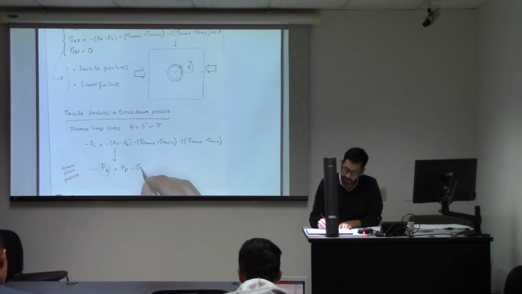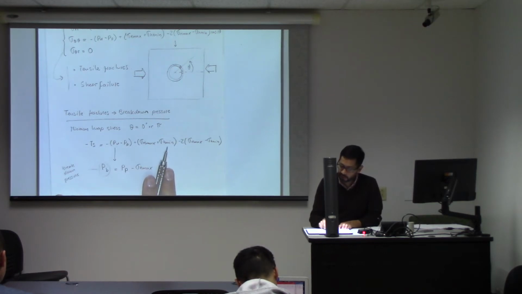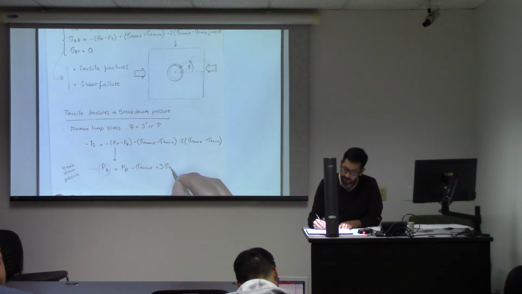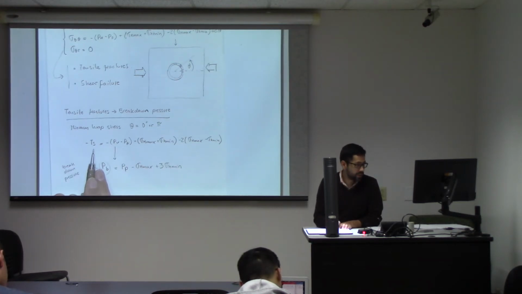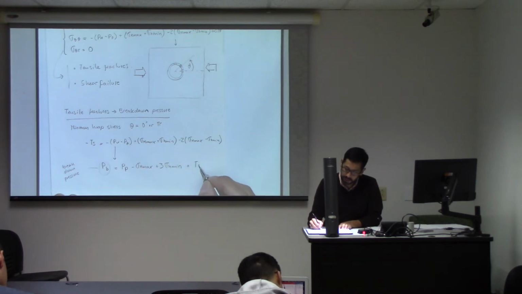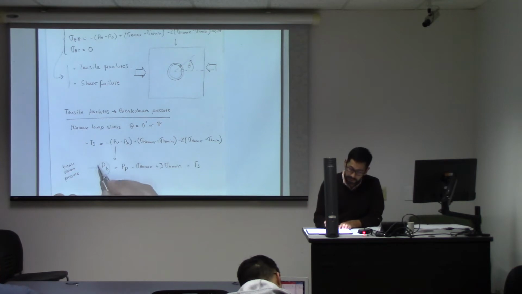So it's going to be 1 negative sigma h max. I have 1 positive sigma h min and 2 positive sigma h min. So it's going to be 3 positive sigma h min. And this tensile strength that was negative over here is just going to go over there. And basically, it's as simple as that.